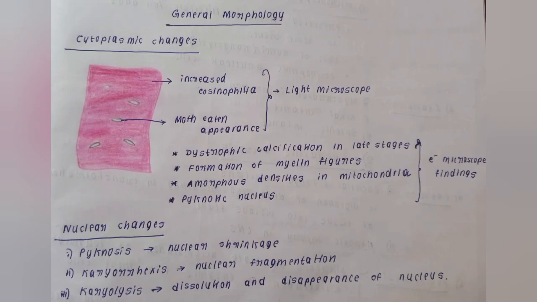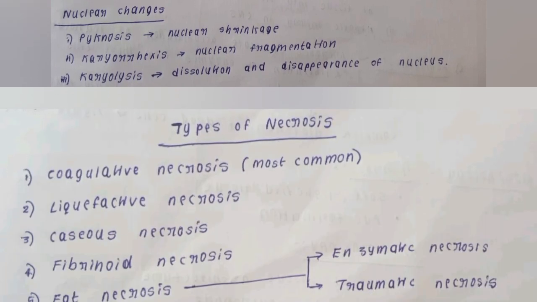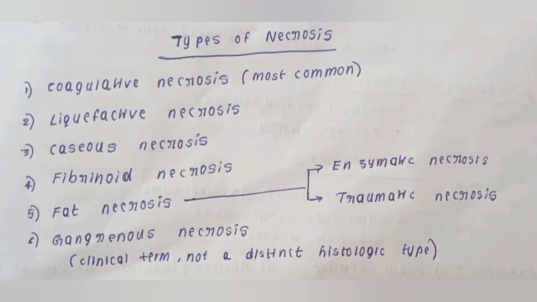And coming to the nuclear changes, first pycnosis, then karyorrhexis, then karyolysis. Basically, first the nucleus shrinks, then fragmentation of the nucleus takes place, and ultimately it dissolves and disappears. So that is pycnosis, karyorrhexis, and karyolysis. So this is the general morphology of a cell undergoing necrosis.